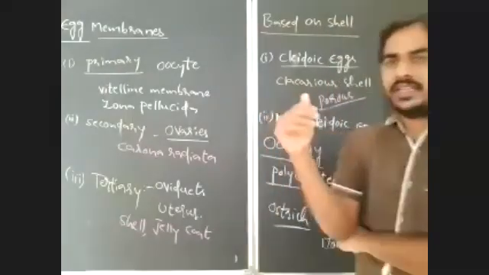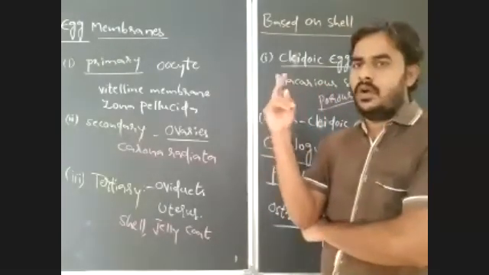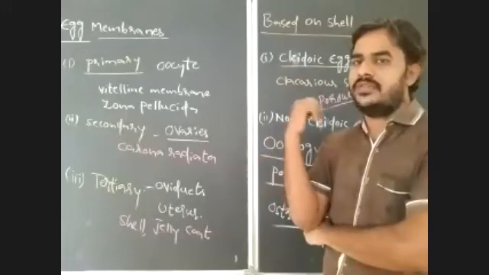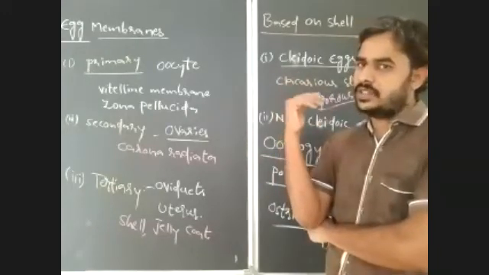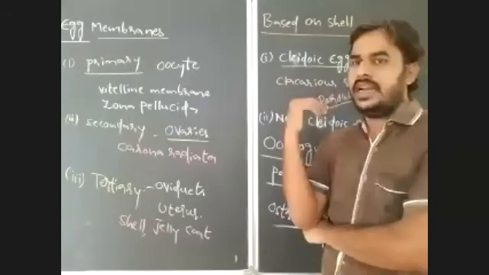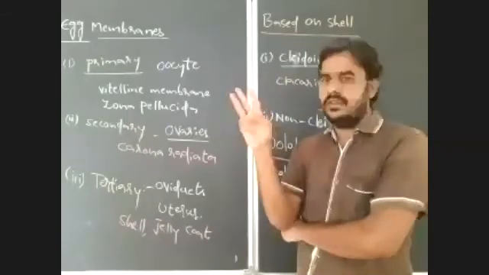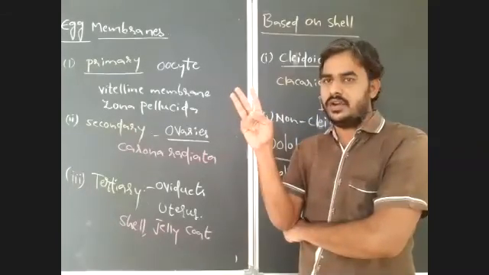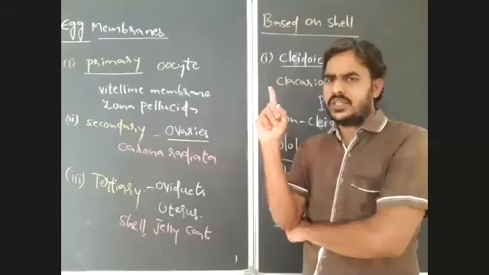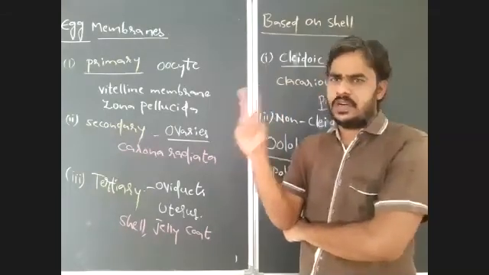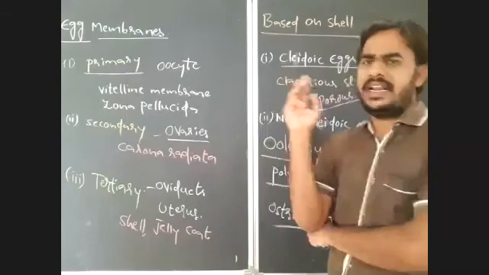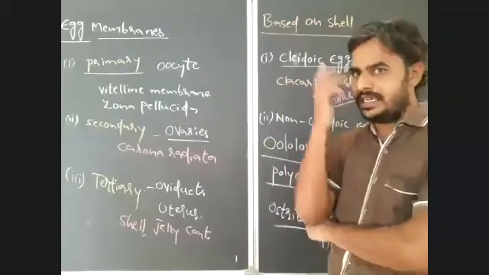Based on the distribution of yolk, there are two types, homolecithal and heterolecithal. Homolecithal is also known as isolecithal, and heterolecithal is divided into three types based on the location of yolk: telolecithal, centrolecithal, and discoidal.